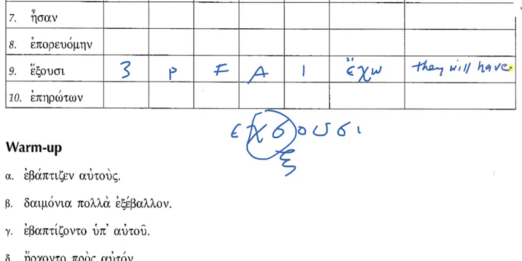Okay, so they will have. Good. Now, does anybody know why we have a rough breathing here and not a smooth breathing? Is it a different verbal root? Well, with echo, yeah. This is an interesting little thing here.